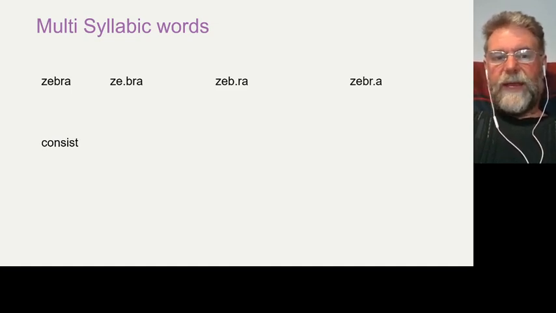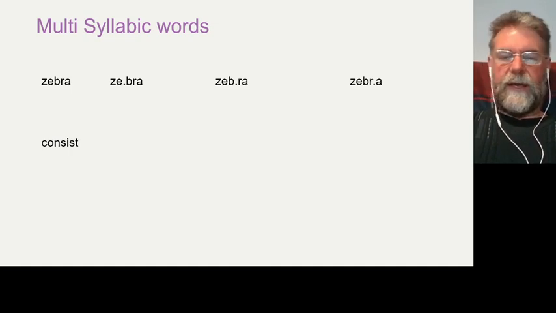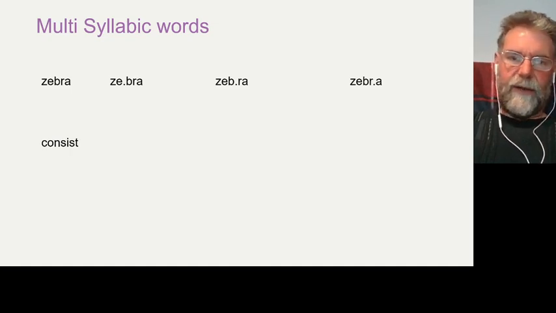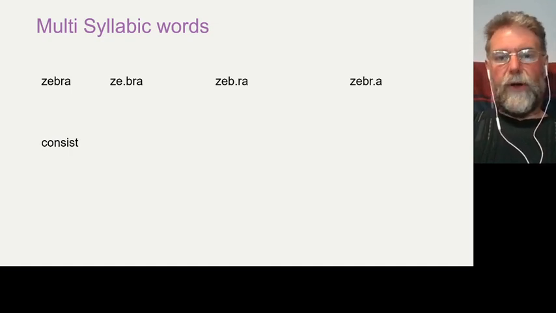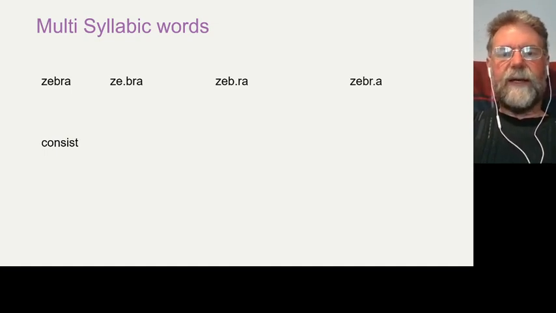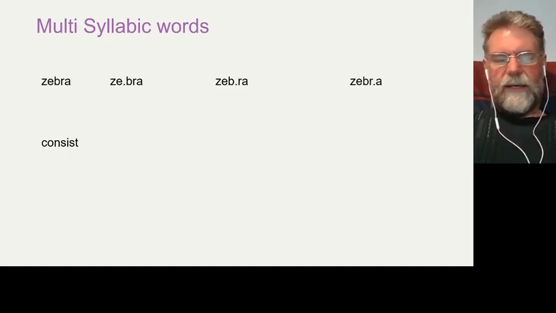Or you could put the break of the syllable in between the two consonants and have the b in the coda of the first syllable and the r in the onset of the second one. Or you could put the break after the two consonants and have both b and r in the coda of the first syllable and have no onset with the second syllable. Given that onsets are optional, it's a possibility. So which one of these is it? Which one's the way we syllabify this particular word?